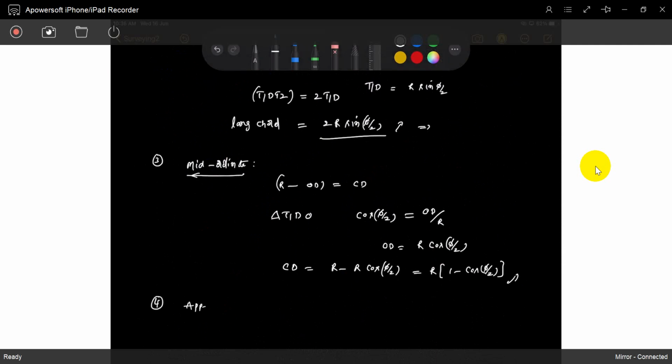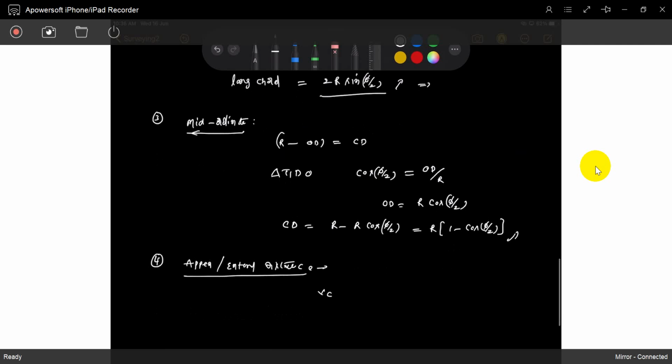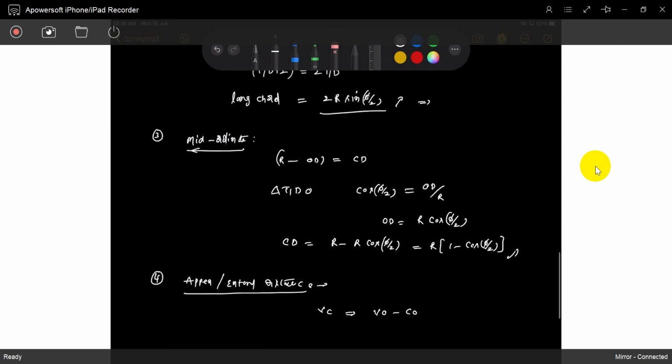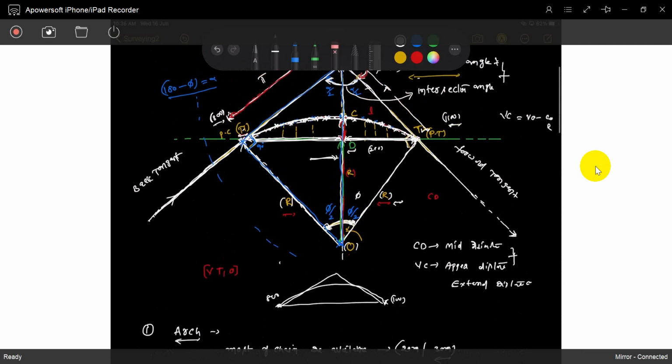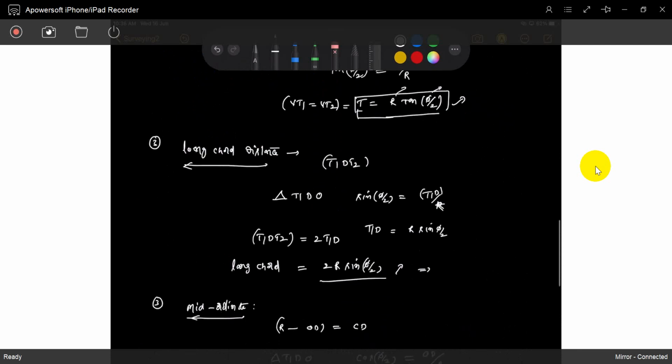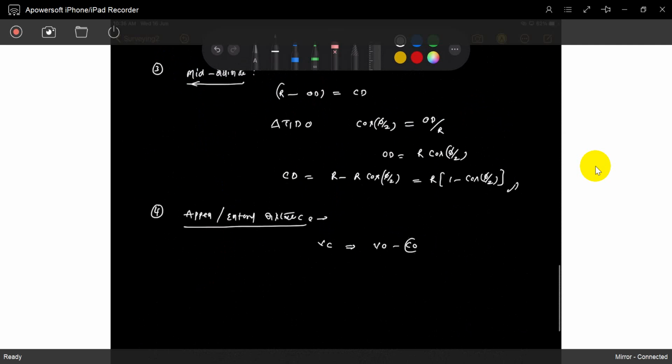Next is the apex or external distance. External distance is VC. We will write it as VO minus CO. We know CO is R. We have to calculate VO.